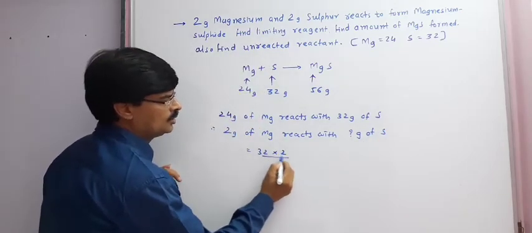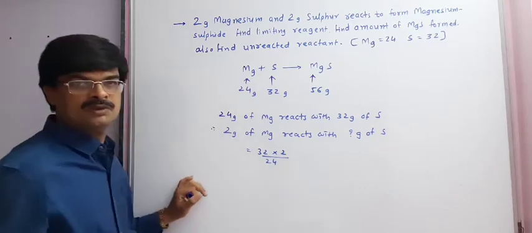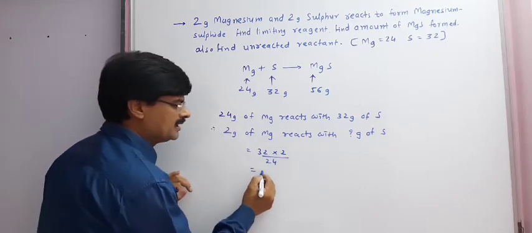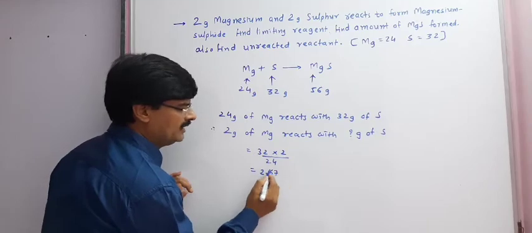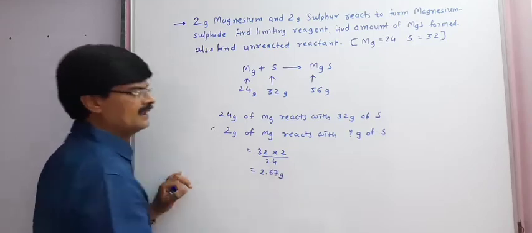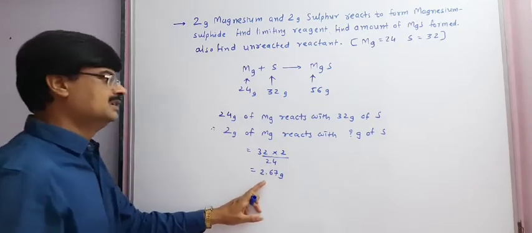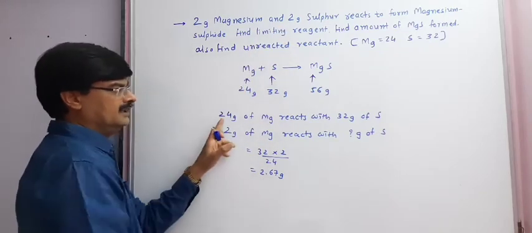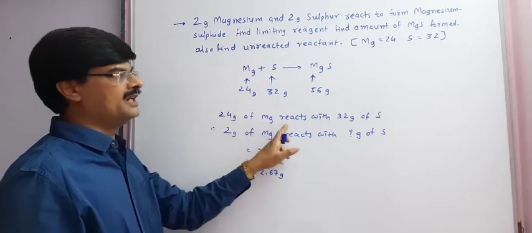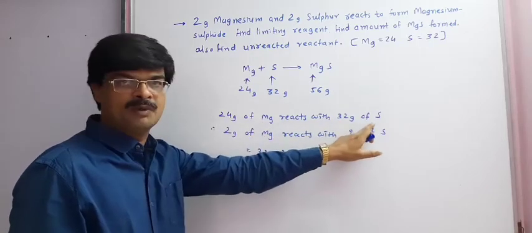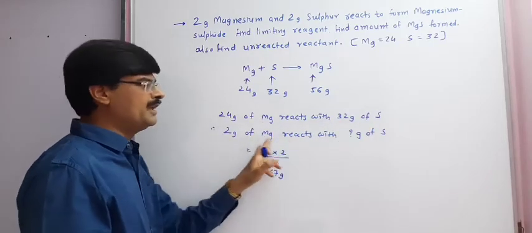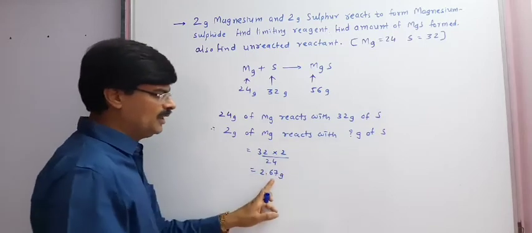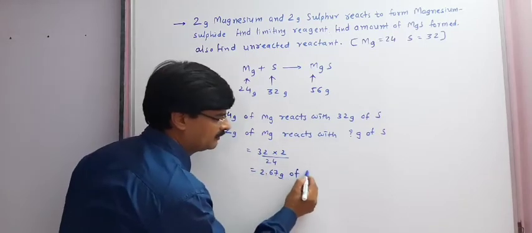32 into 2 divided by 24. On simplification, we will get 2.67 gram. But here it is given only 2 gram. So we can say that 24 gram of magnesium reacts with 32 gram of sulfur. So 2 gram of magnesium reacts with what? 2.67 gram of sulfur.